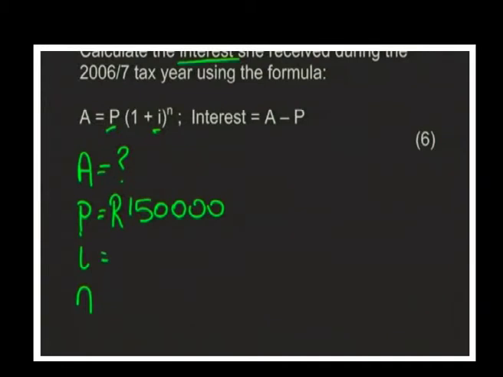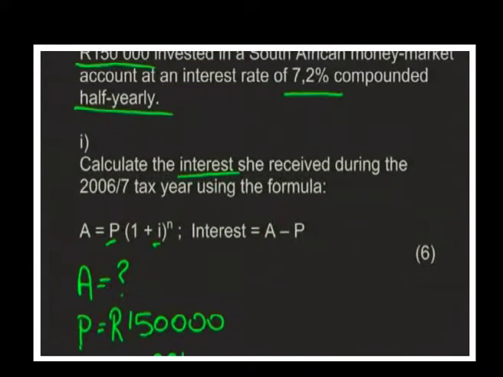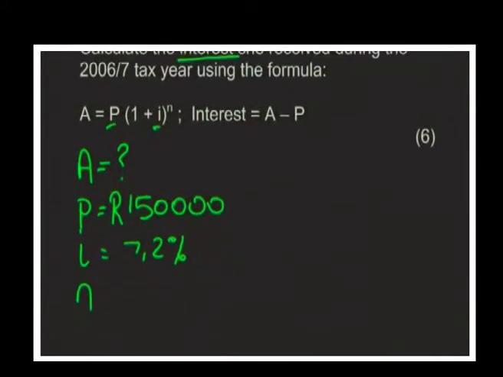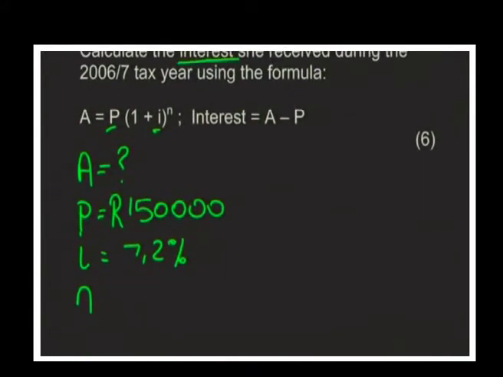I was 7.2%. I'm going to go up and check that that was 7.2%. And I'm dealing with one financial year. So my term is one financial year. But both of these I've got a problem with. So let's change color so we can deal with the problem. 7.2% is for the entire year, but I want to actually write this as a decimal. It'll be easier in my formula.